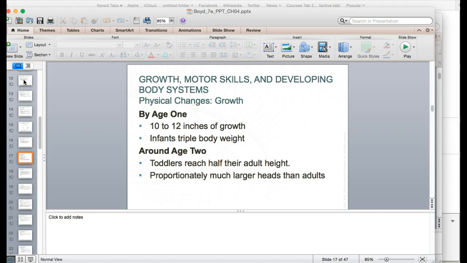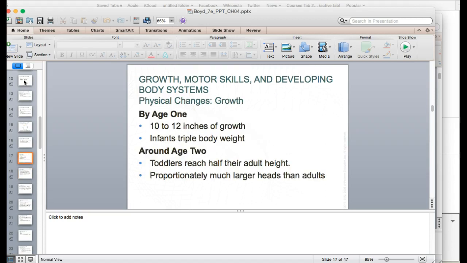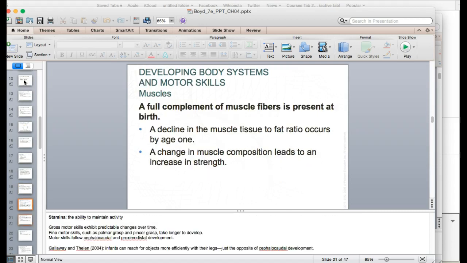Around age 2, toddlers reach half their adult height and have proportionally much larger heads than adults. And this can also vary. And of course, growth in motor skills. Let's move on.